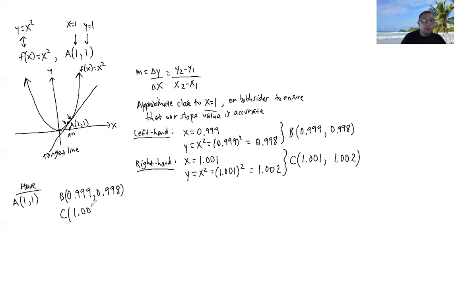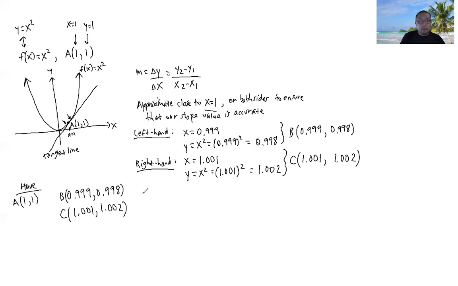And remember, we're trying to calculate the slope using points on the left and slightly to the right of our given coordinate, just so that we can approximate the slope, okay?